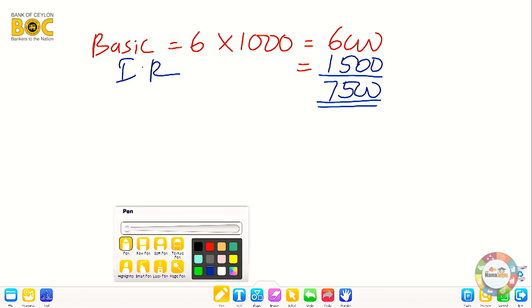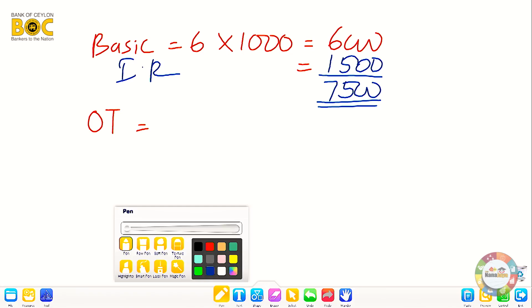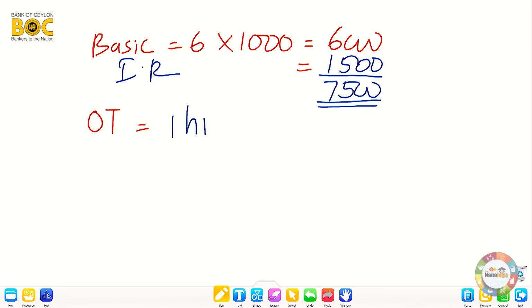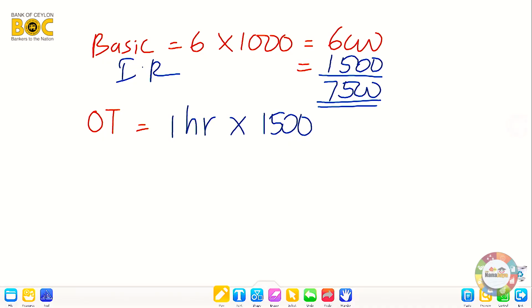The 1 hour into 1500 overtime rate. Do you get it?